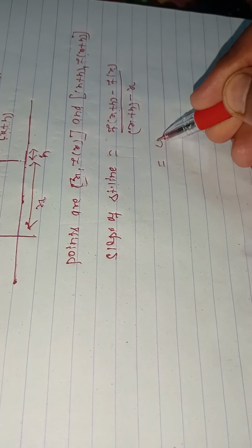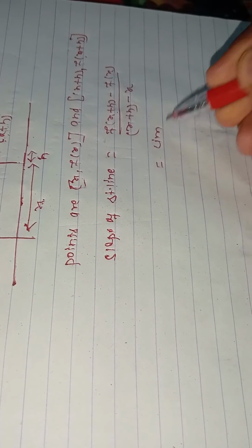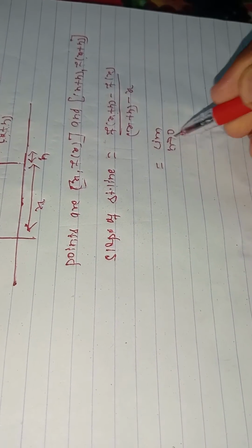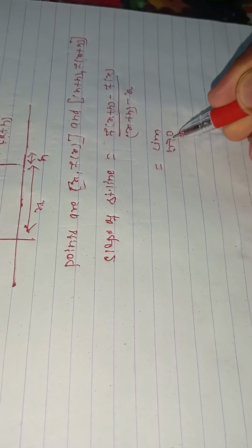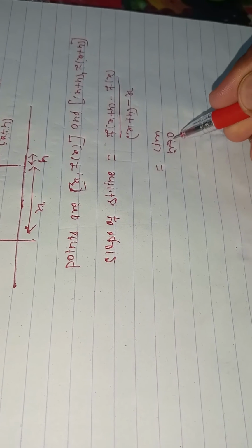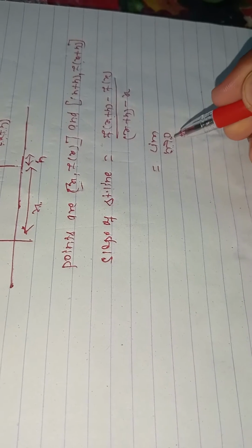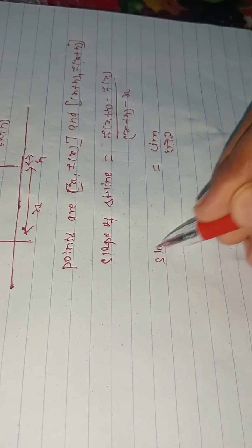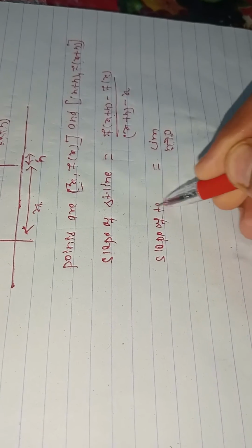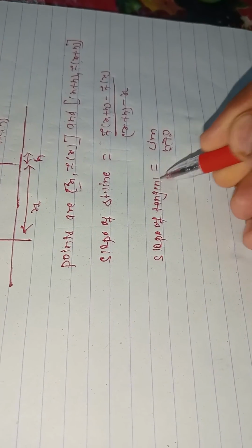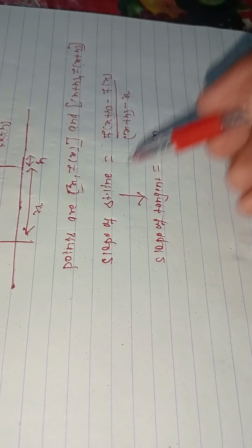So if we say h tends to 0, meaning h is going to be 0, then we say slope of tangent. Now the straight line becomes a tangent.